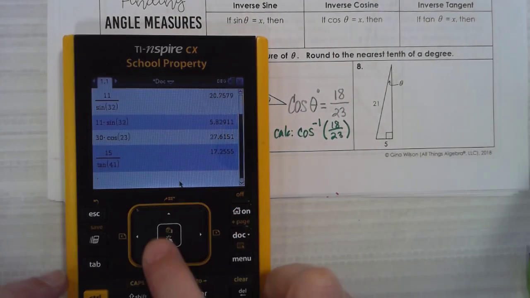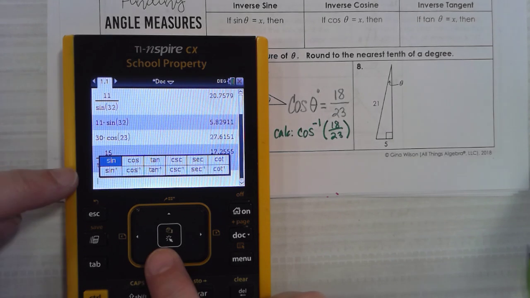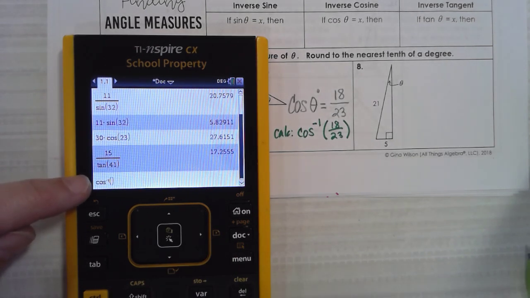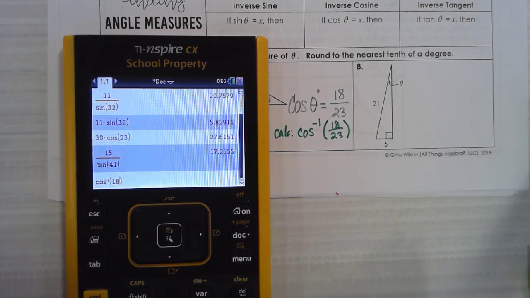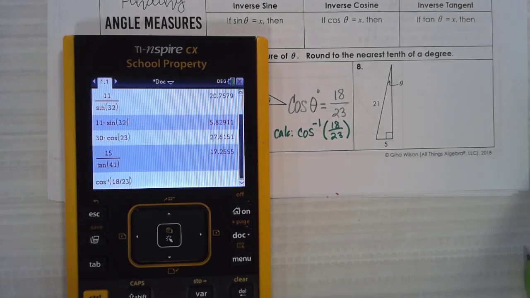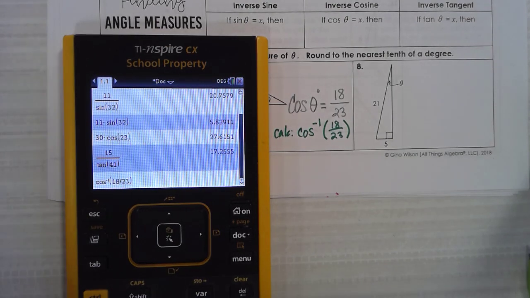So inverse cosine, so down to the bottom row, inverse cosine 18 divide 23. And you could put it in as a fraction, or you can just use the divide button. It doesn't really matter. And then when I hit enter, this should give me an angle.